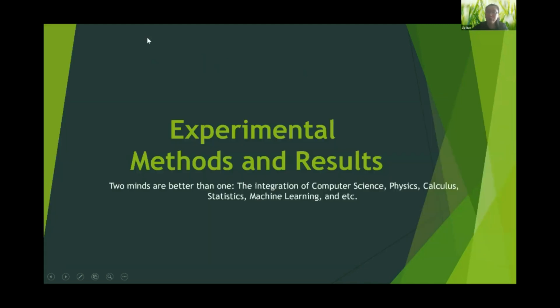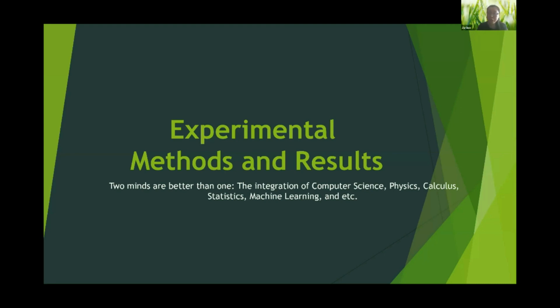Next, I'm going to introduce the experimental methods and the results from my team. I will use a different way. I noticed that the last team presented the experimental methods first and then the experimental results. I may go layer by layer: one method, one result, another method, another result.